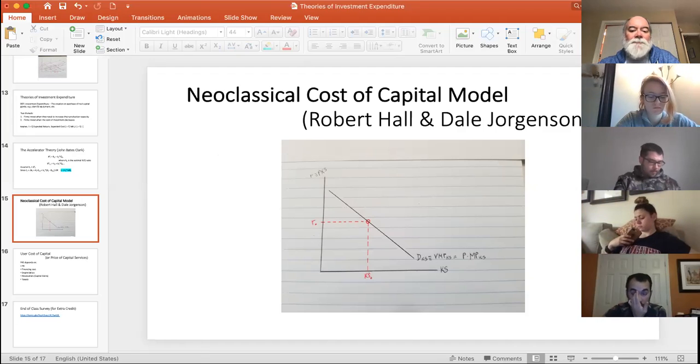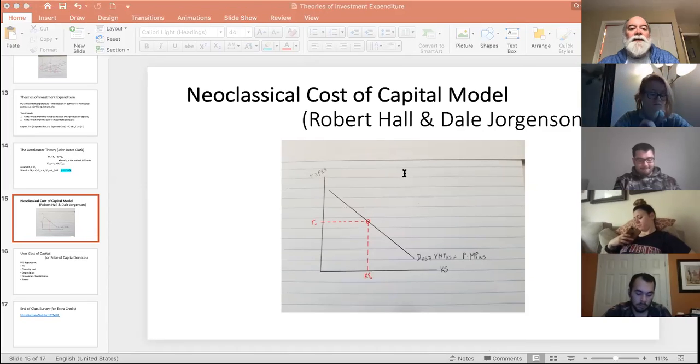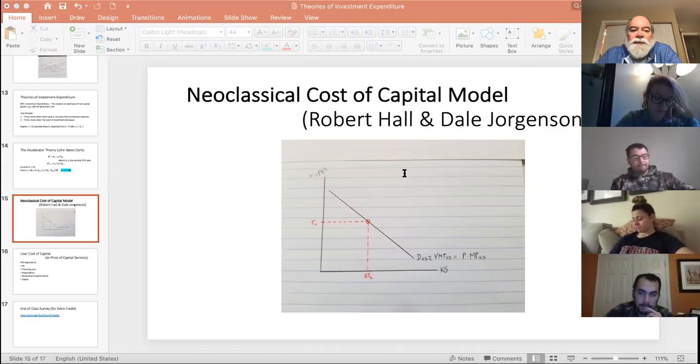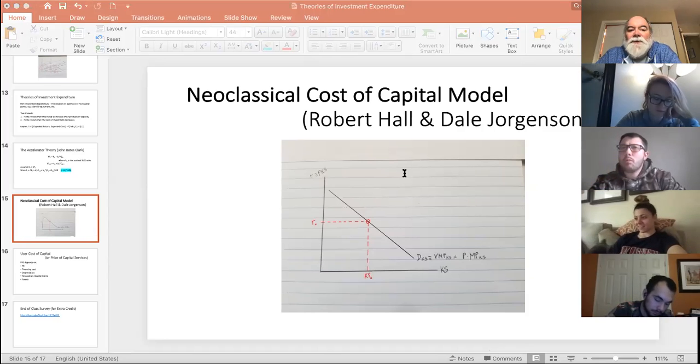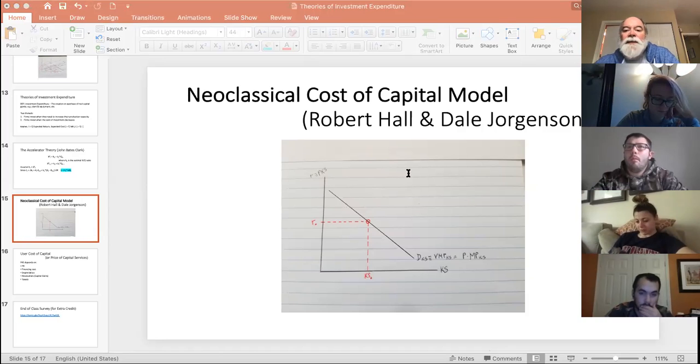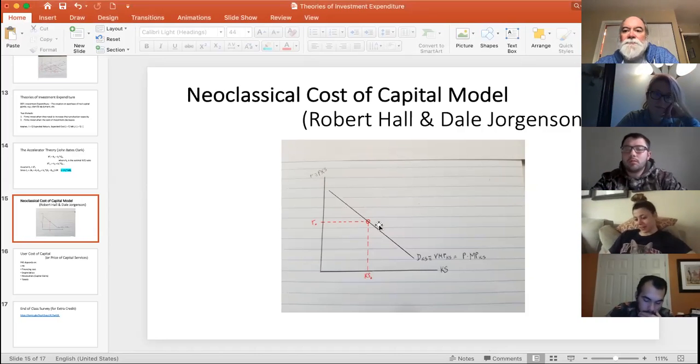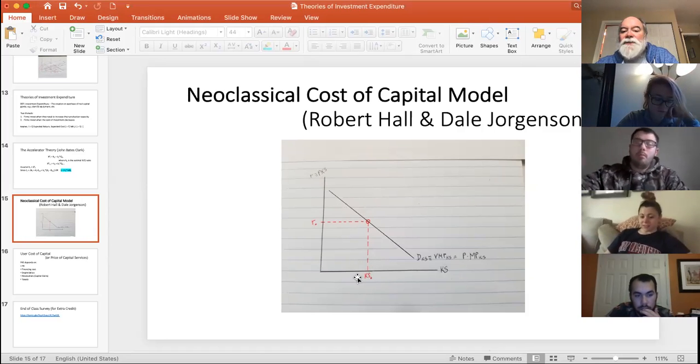Okay, now there is one complication here. Probably Hall and Jorgenson would call it an innovation, not a complication, a feature, not a bug. What Hall and Jorgenson said is, we're going to assume that firms hire capital services the same way they hire labor services, okay? If you think about this as a labor demand curve, what employers are actually doing is they're renting your time.